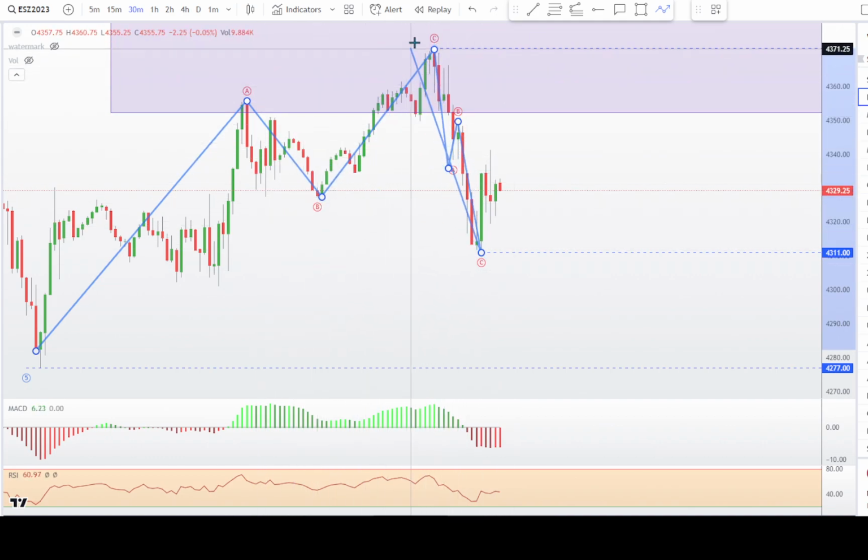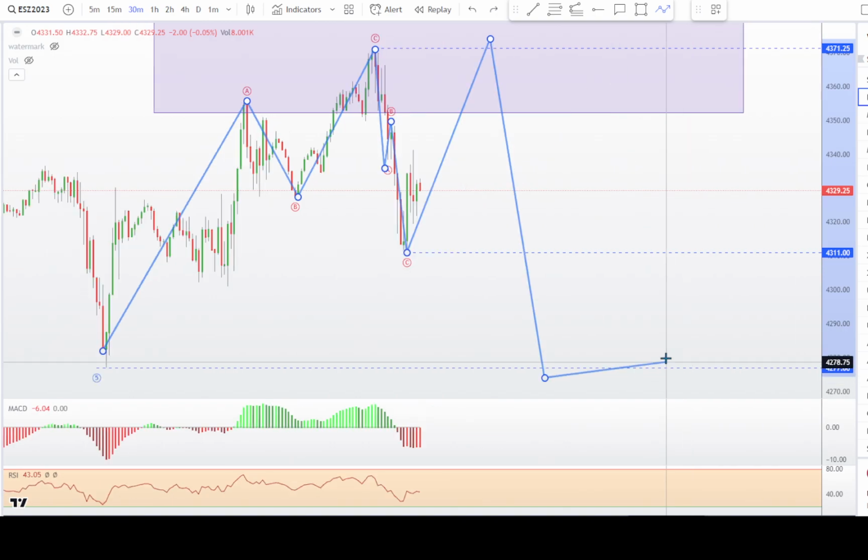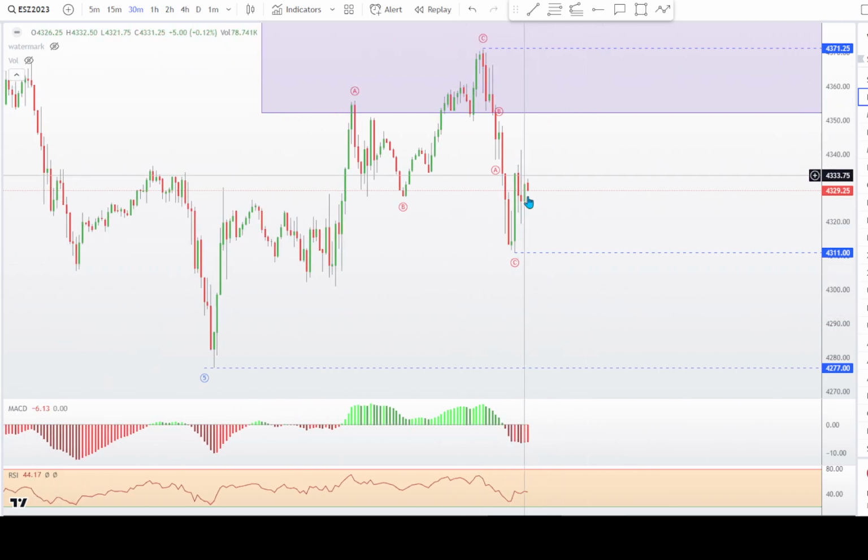I think this first ABC is just going to be A, and this ABC could be all the correction, and we go up. So this ABC will be B, and then we're going to go up one more time before we come and take out that low. Now this B wave also might not be in.